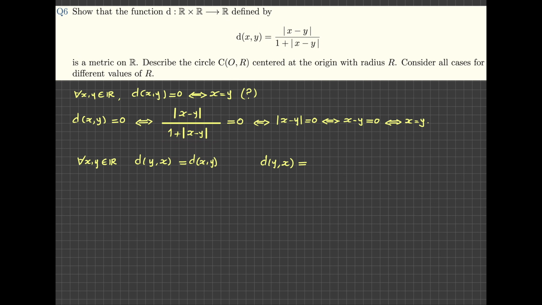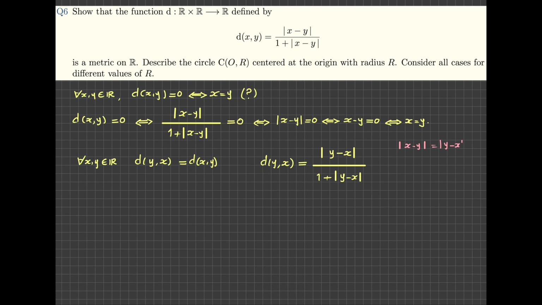So if I want to write it according to what is given in the problem, I have the absolute value of my first component, which is y, minus the second component, which is x, and the same thing for the denominator. But from your elementary studies, you know that there is no difference between the absolute value of x minus y and the absolute value of y minus x.